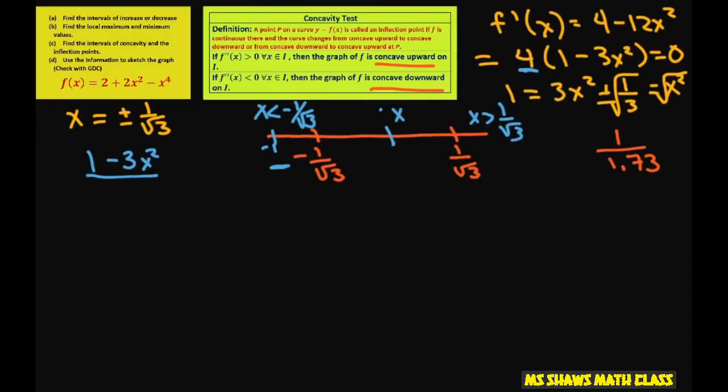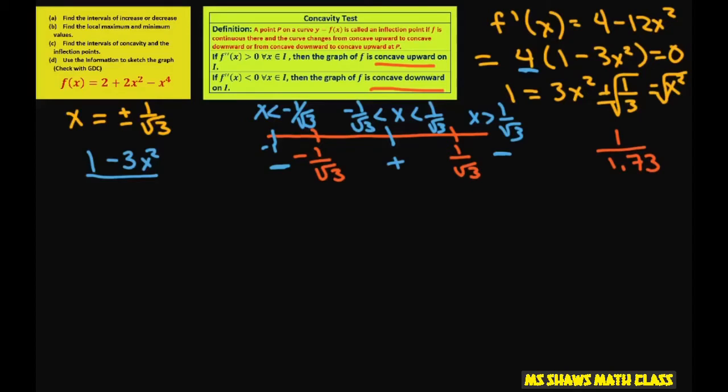And now we're checking x in between negative 1 divided by square root of 3 and 1 divided by square root of 3. So I plug in 0, I get positive. If I plug in, say, 1, I'm still going to get a negative there. Both of these are the same.